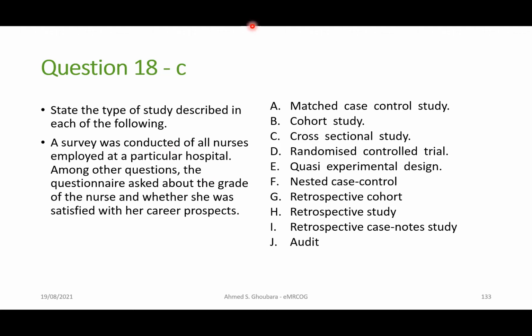I'll tell you one thing. Yes, it's a cross-sectional study. If you're working at some place like a bank, for example, and I'm doing a survey, I will get all employees in that bank and ask them: could you please tell me about your career prospects? Are you satisfied with your job or not? And your next colleague, are you satisfied with your job or not? Are you happy to work in this place?